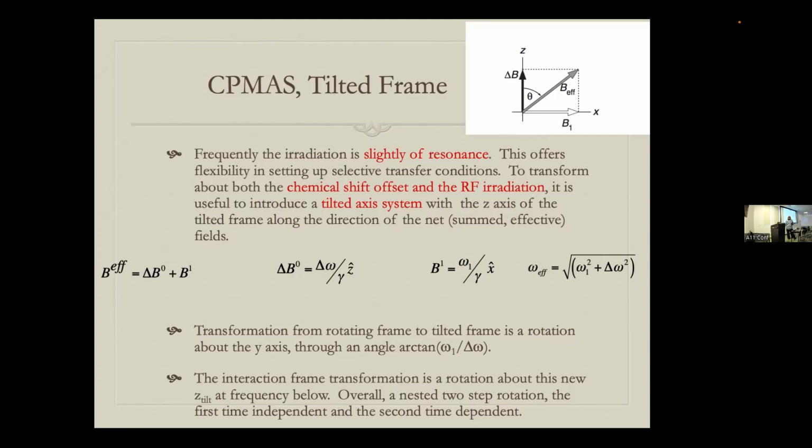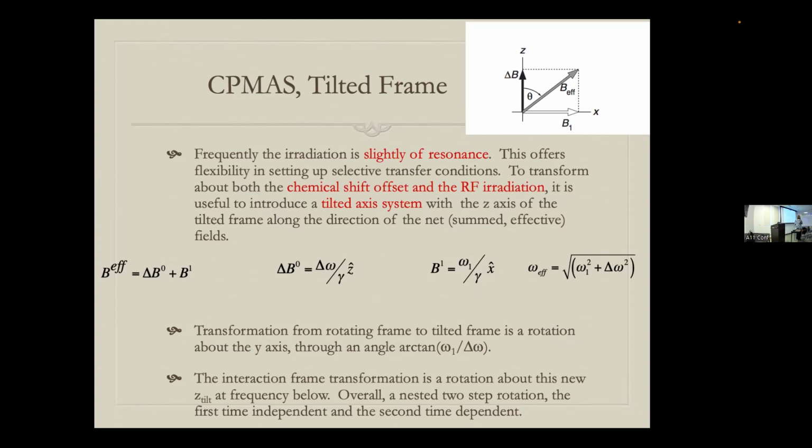To do that, what you do is two frame transformations. The first thing is you jump into a tilted axis system. That's like a once and done frame transformation. So you started out with this being Z, and now I want this to be my Z axis. You also could have used this as Z when you were decomposing and saying the CS is one term and this is another term.